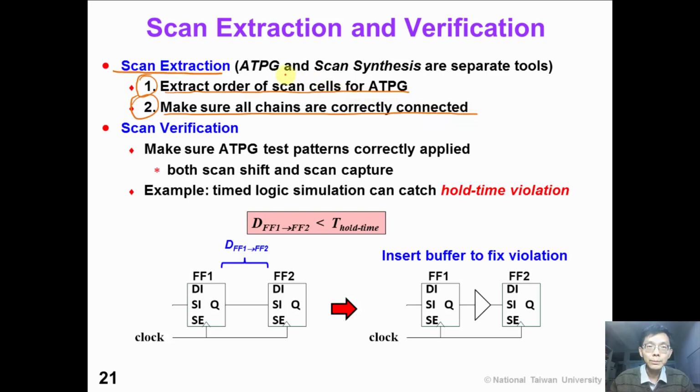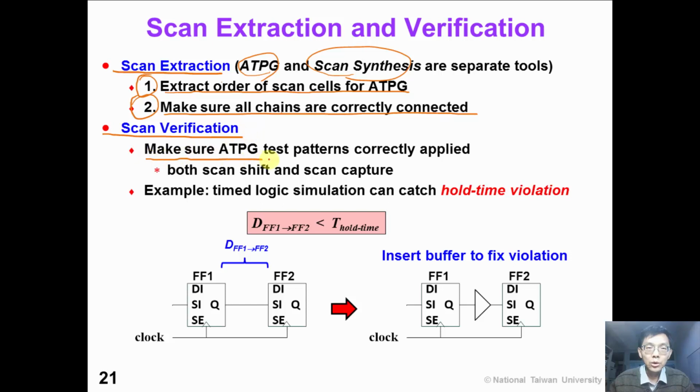This is needed because typically ATPG and the scan synthesis are separate tools. So ATPG needs to verify the correctness of the scan design again. And then after the test patterns have been generated, we will need to verify the correctness of this pattern.